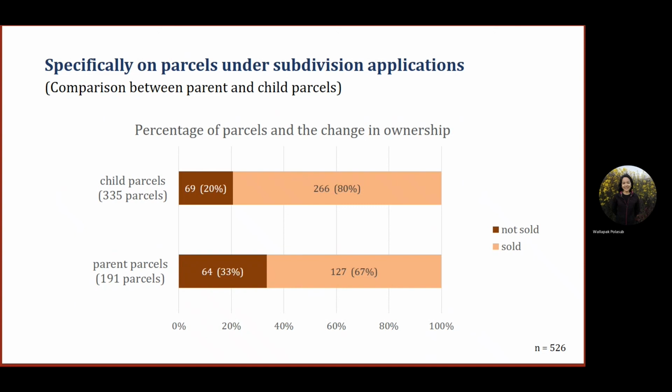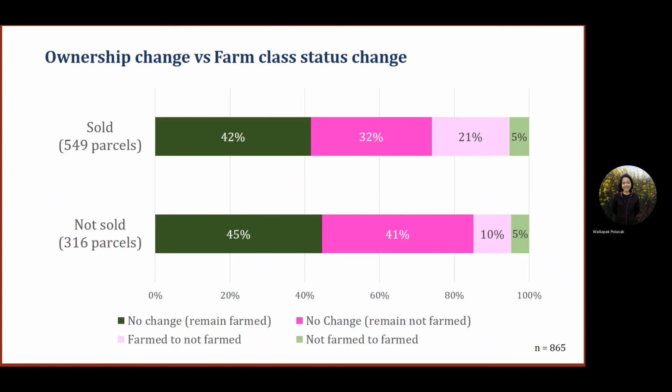Now, this one is a little bit difficult to understand, but I'll try to explain. We're going to put 2 dimensions together. One dimension is the ownership change, and another dimension is the farm class status change.